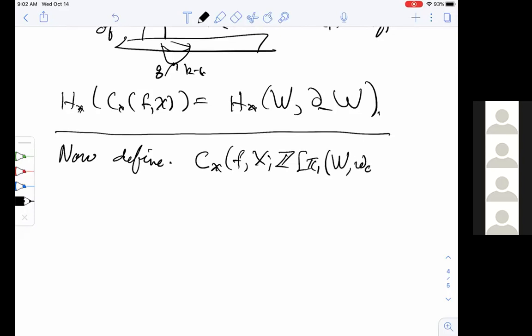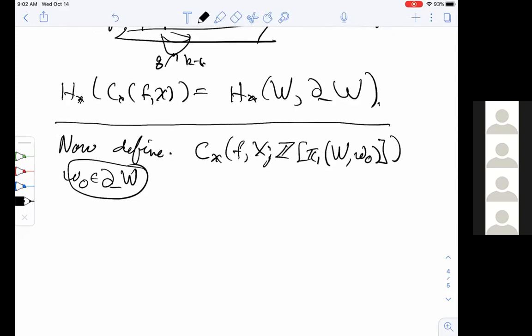So I fix a base point, say in the boundary minus, doesn't really matter. Okay, I want to define a chain complex, not of free abelian groups, but rather of free Zπ_1 modules.